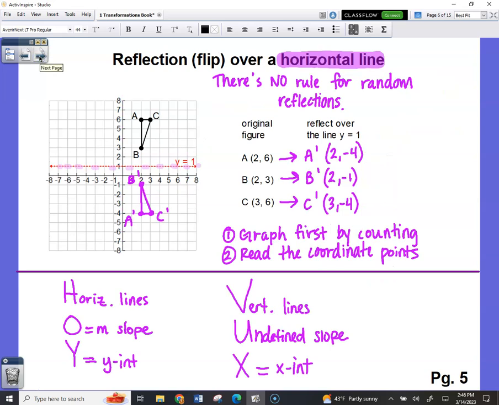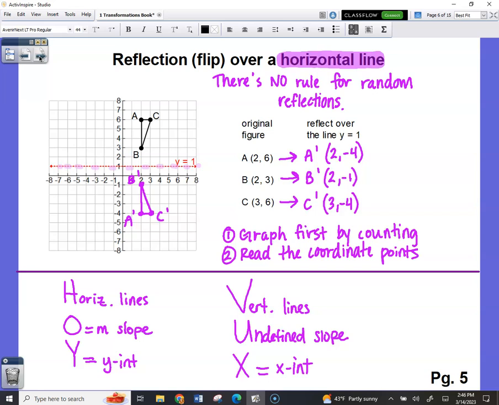Then you reflect over a random horizontal line. It's the same concept as reflecting over an axis in that you're counting. The difference is you have to know where that horizontal line is. You have to graph it. So if I say reflect over the line y equals 1, this is where Hoy Vux comes in. If you don't understand Hoy Vux, once again, here is an explanation.